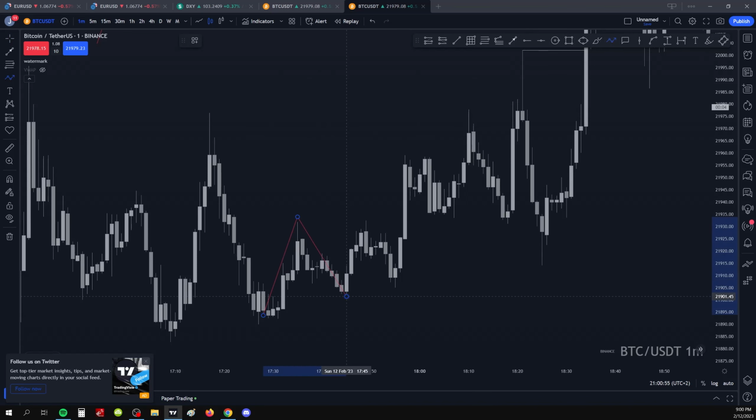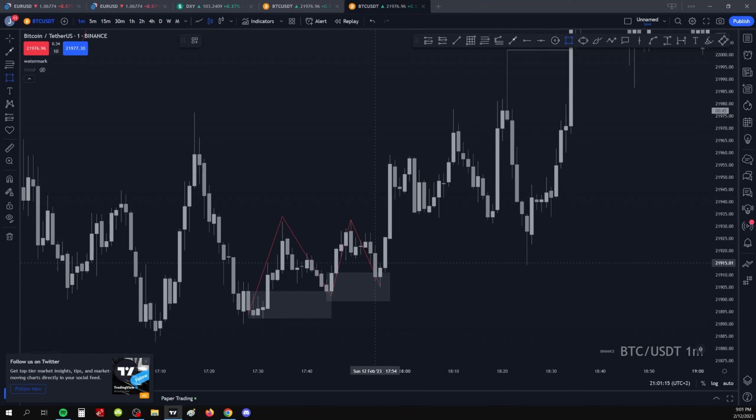Higher high, higher low. So now, as you can see, this is mitigated. This is mitigated. So the last point is this. This is not mitigated. Like, okay, now it got mitigated, right?